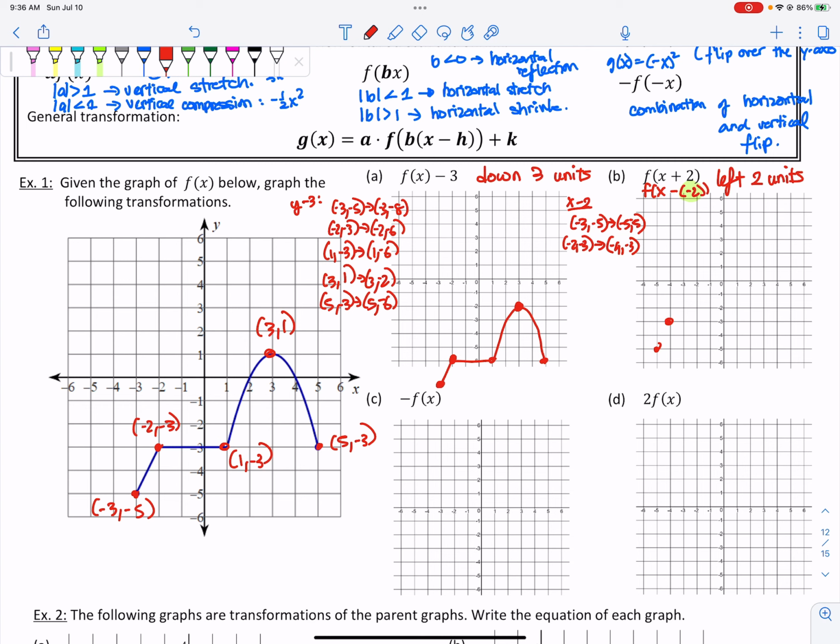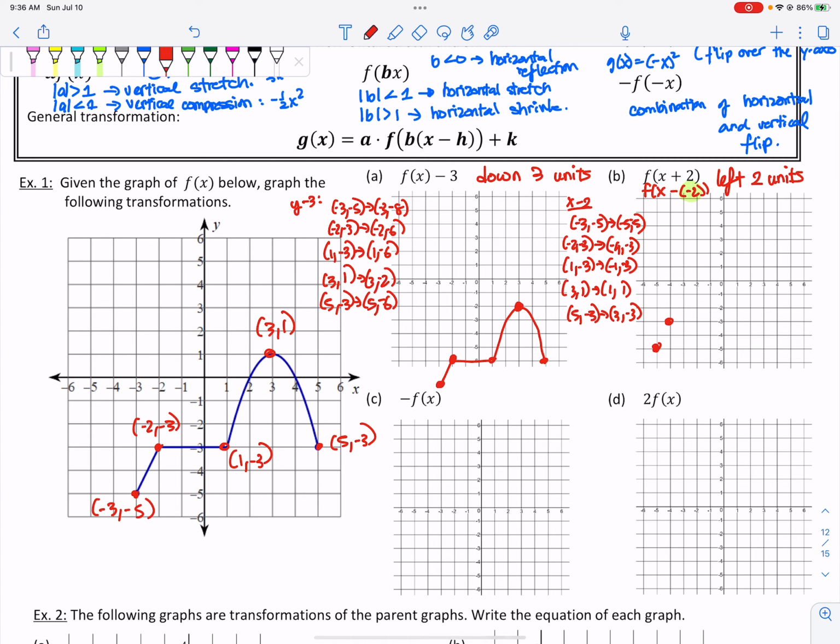Next, we have the point (1, -3). 1 minus 2 is going to be a negative 1, and the negative 3 stays the same. The next one, (3, 1). 3 minus 2 is going to be 1, and the y value stays the same. (5, -3). 5 minus 2 is 3, and the y value stays the same.